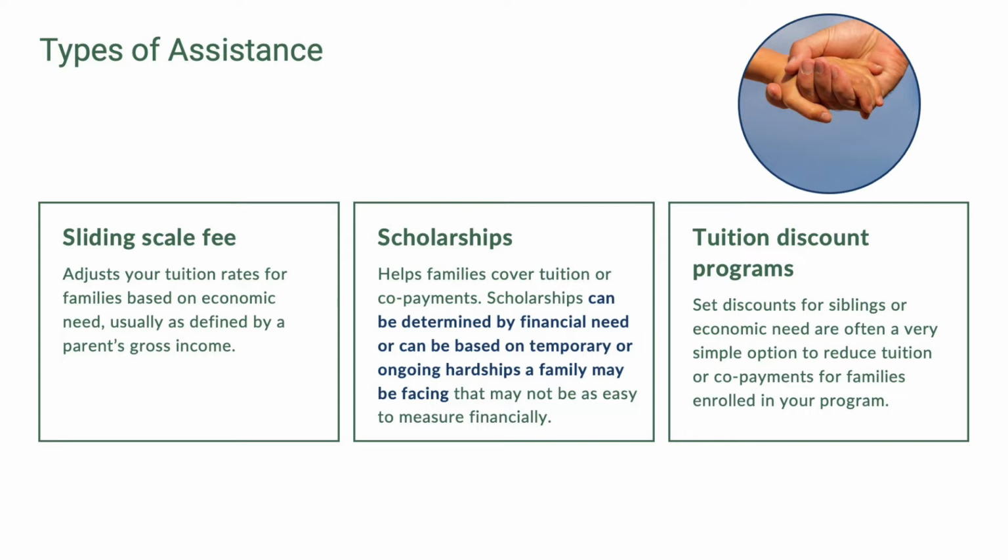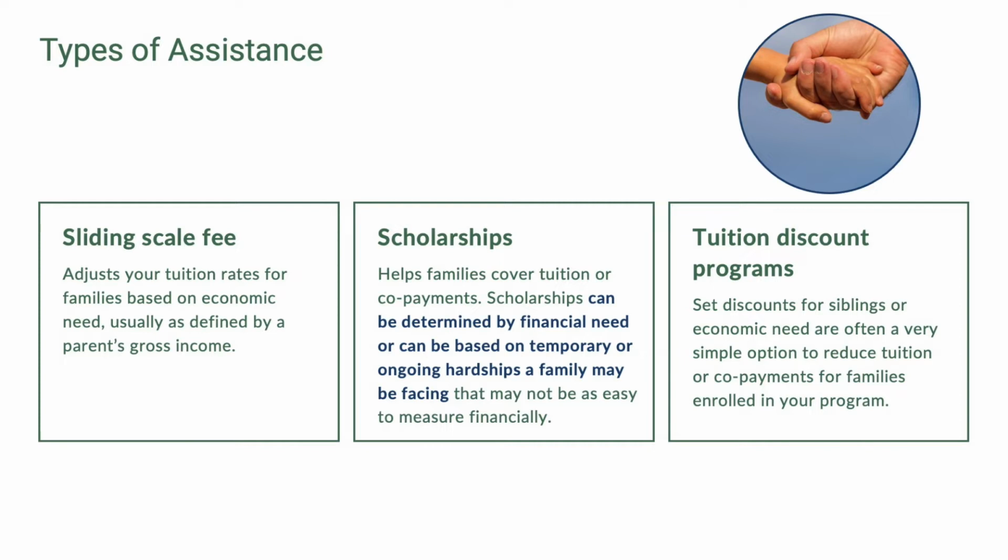A sliding scale fee model adjusts your tuition rates for families based on economic need, usually as defined by a parent's gross income. Gross income is all of a family's income as opposed to their adjusted gross income or any other measure. It is fairly easy to figure out a family's gross income because you can determine it by collecting their pay stubs.